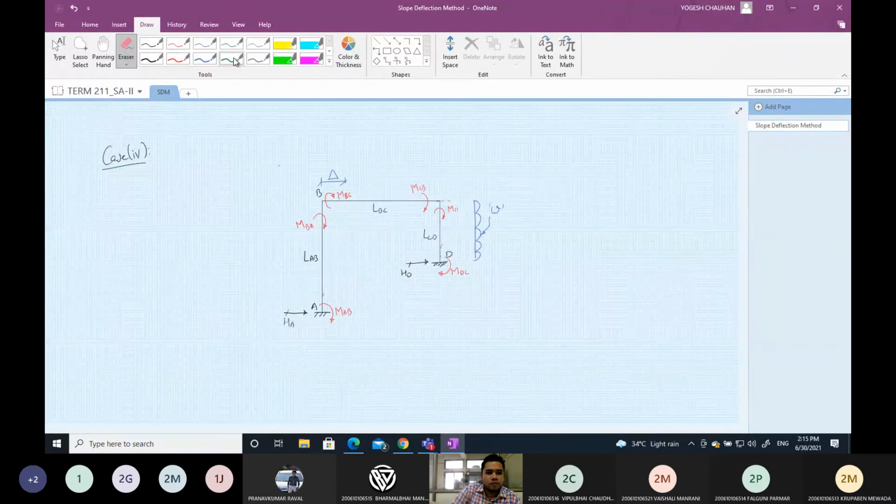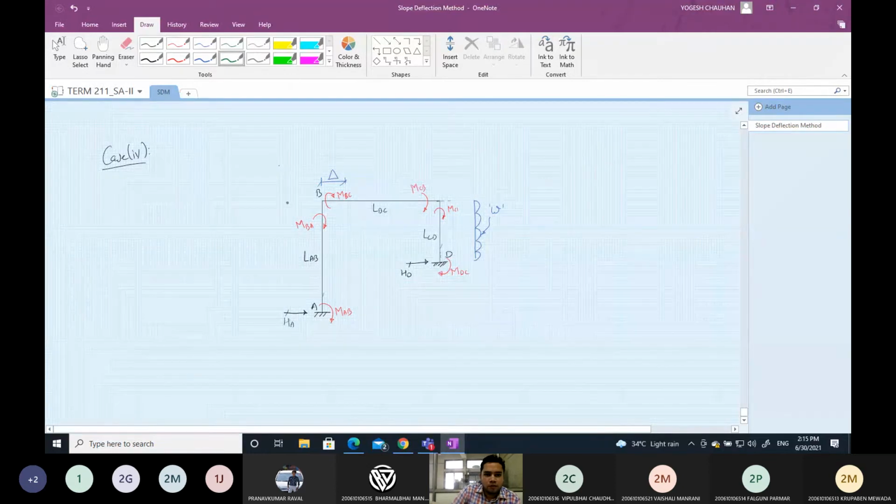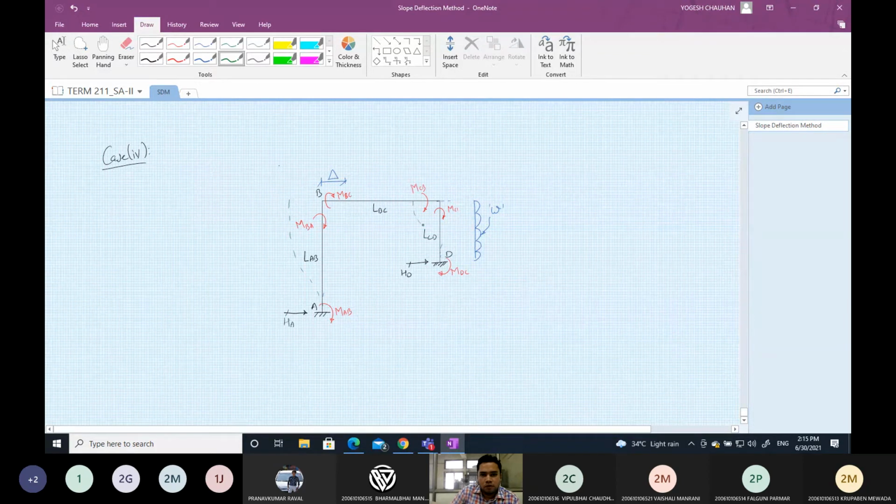So this frame will sway towards the right because of this horizontal uniformly distributed load. This is delta. This is delta.